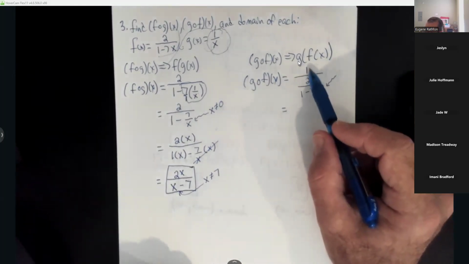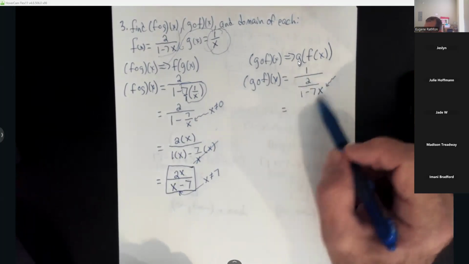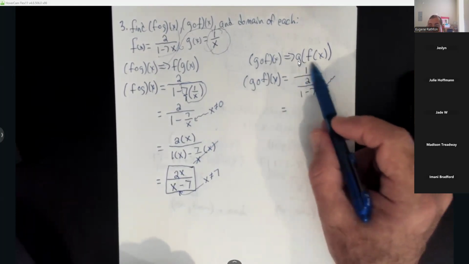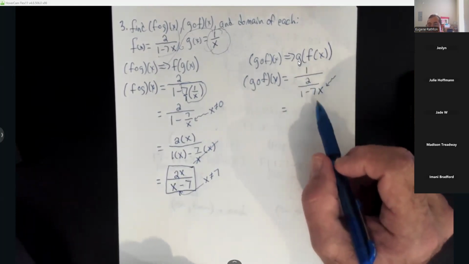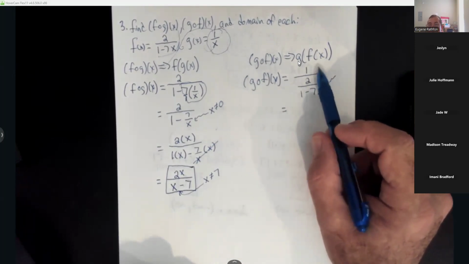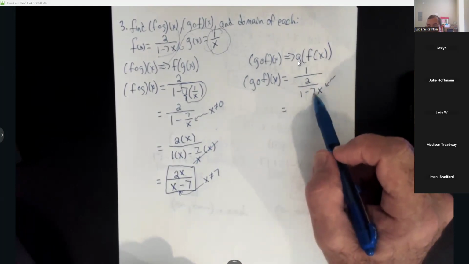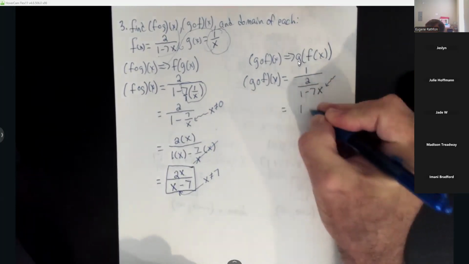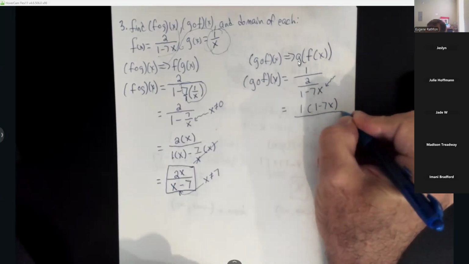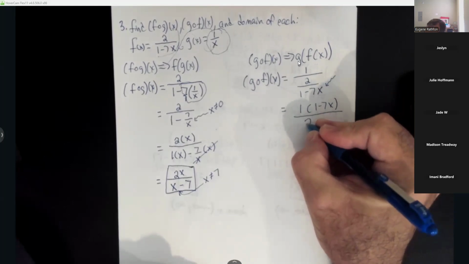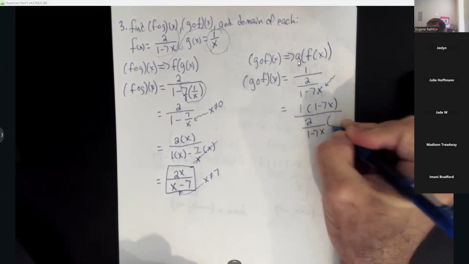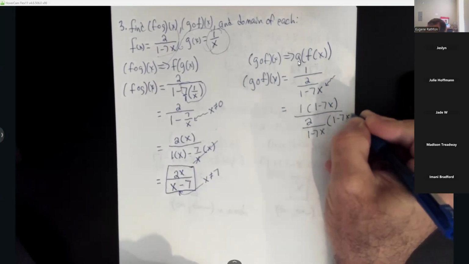So on this one, you got 1 divided by another fraction. We can't have this fraction inside of our main fraction. So what I'm going to do this time, since this is my denominator, I'm going to multiply the bottom and top by that 1 minus 7x. So that's going to give me 1 times 1 minus 7x over 2 divided by 1 minus 7x times 1 minus 7x.